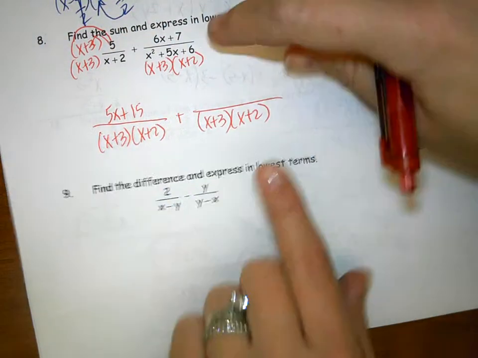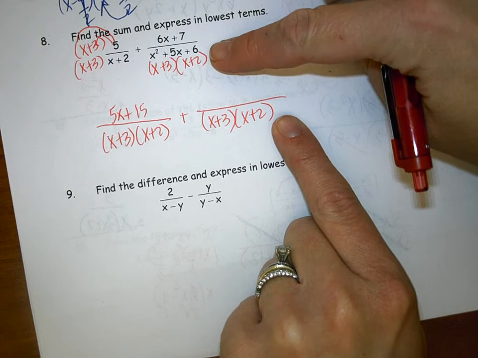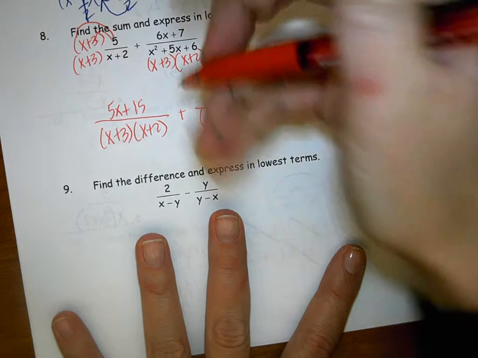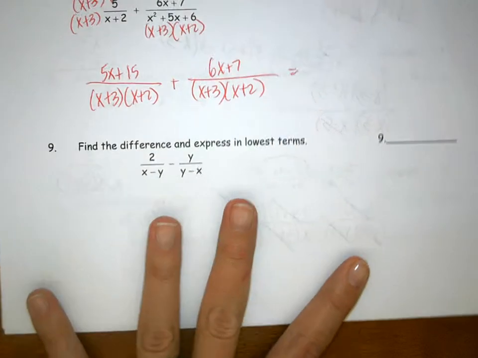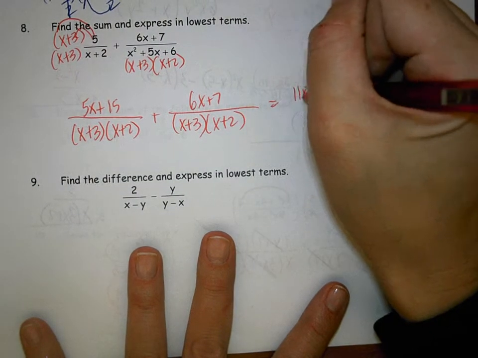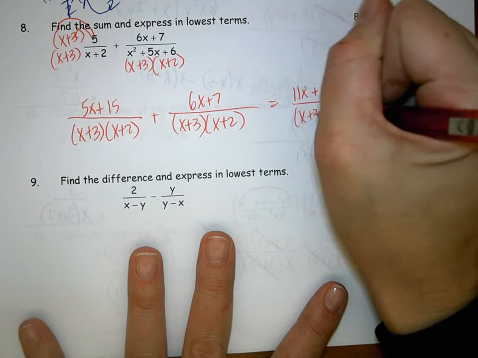When I look at this one, what do I still need? No, nothing. So we just rewrite what was already on top, because there's nothing more that I need. So we have 6x plus 7. We add those together. 6x plus 5x is 11x plus 22 over x plus 3, x plus 2.